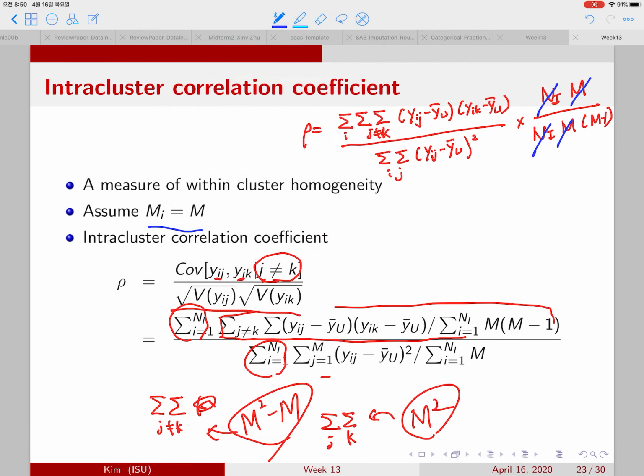Okay. So now let's look at this first term. How to write it? Let's first take a look at this weird cross product term.